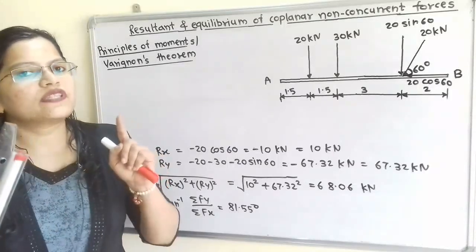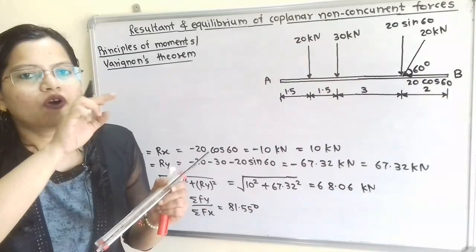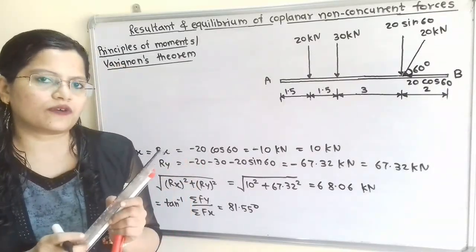To find the magnitude of the resultant, we first have to find the horizontal component of the resultant and the vertical component of the resultant.